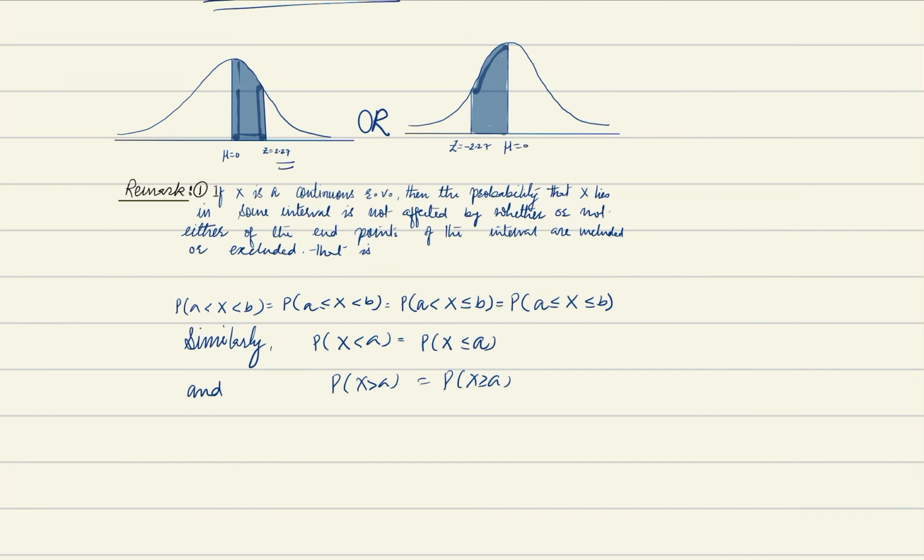You see, this is the interval, and we know an interval contains infinitely many rationals as well as irrationals. So when these are infinite points, and you are adding one more point, it will not make any difference, right? Either you are including one more point or you are excluding the point, it will not make any difference. Why? Because these points are infinite.